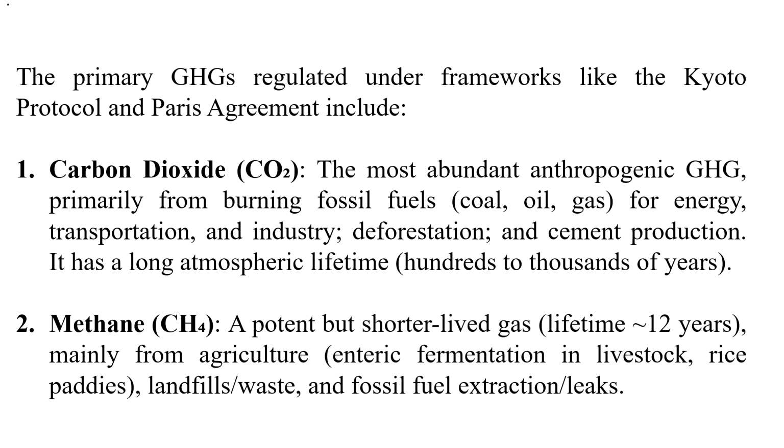However, since the Industrial Revolution, human activities have increased atmospheric greenhouse gas concentration by roughly 50% and accelerated warming at unprecedented rates. This is why climate change today is anthropogenic, that is, human driven.